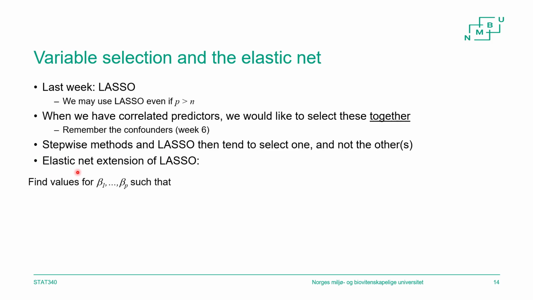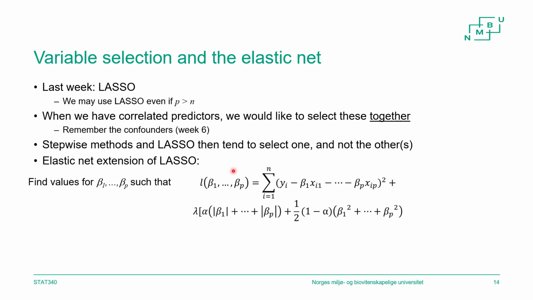And what is it? Well, here I will show you this criteria, or how the method is working. Select now values for these regression coefficients such that this horrible thing is minimized. And notice this looks a little bit like lasso that we saw last week, but let me point out the difference. There are two parameters here, lambda and alpha now, because in the lasso there was only the lambda.